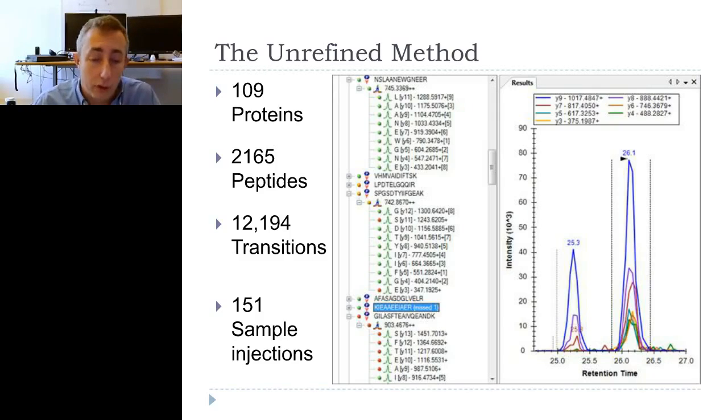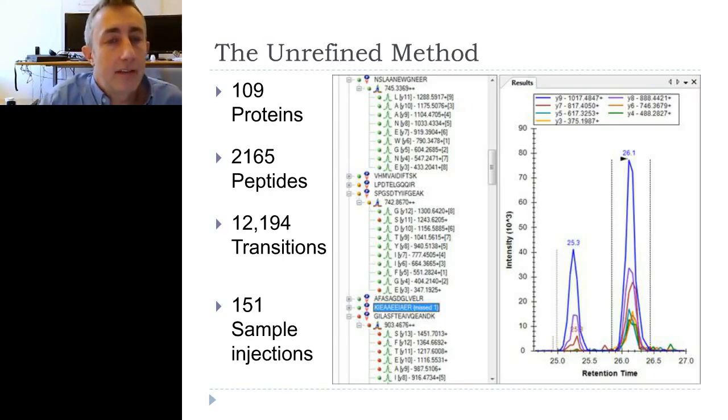Again, it's like the equivalent of doing our Google search prior to visiting a foreign city. In there, we had Skyline predict all the basic tryptic peptides within some given rules, and tell us all the fragment ions that could be used. We then had Skyline output this into a set of methods. It was 151 injections, measured over about 7 days.